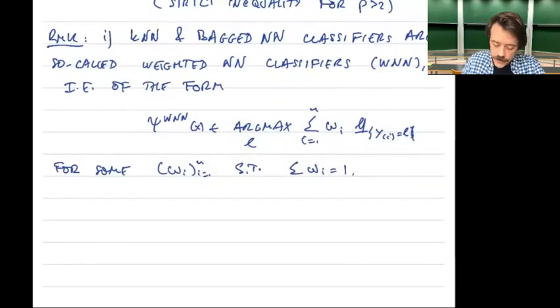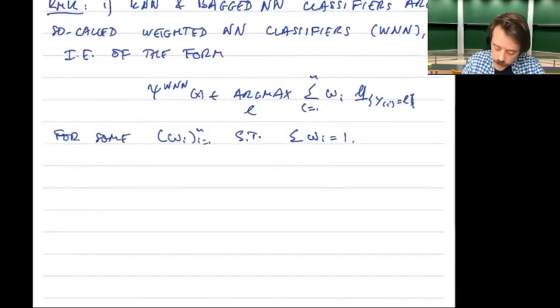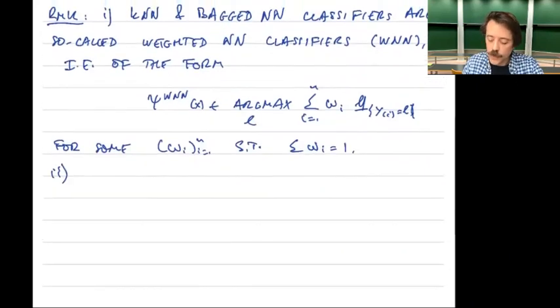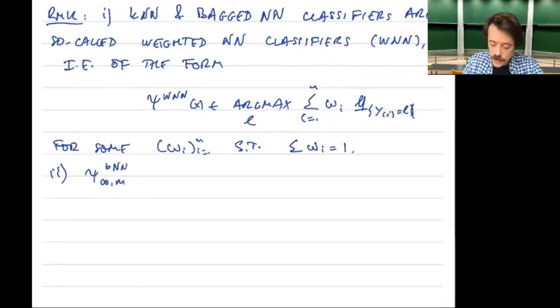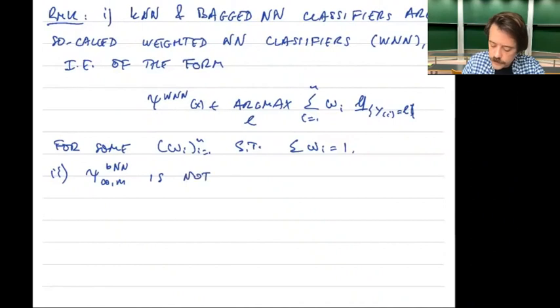Okay. So let's now make a couple more remarks given this idea of weighted classifiers. So this guy that we introduced before turns out to not be optimal among all of the weighted classifiers.